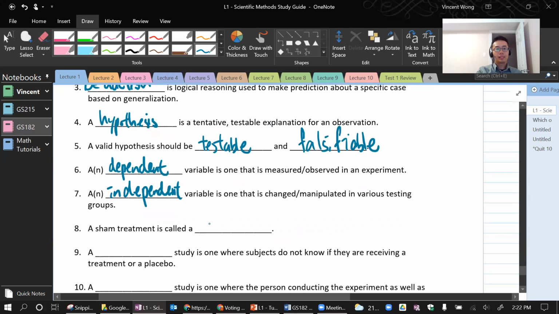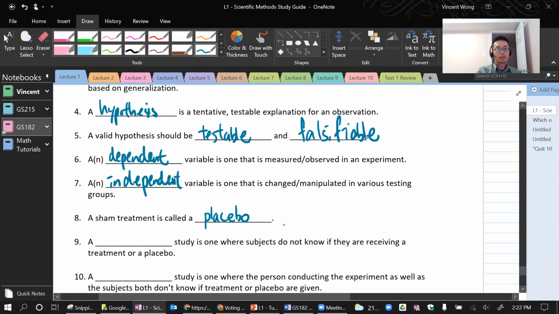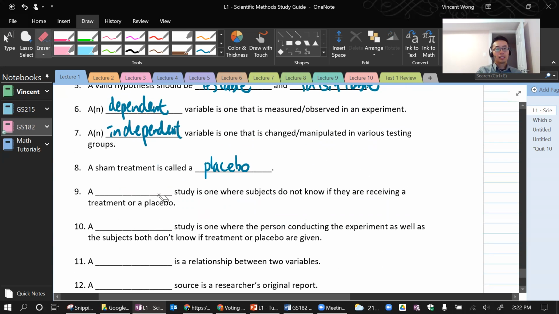A sham treatment is called a placebo. A study where subjects, that's the participants, do not know if they're receiving treatment or placebo, we call that a blind experiment, blind study. And if the person conducting the experiment also does not know what they're giving, then it's double blind.